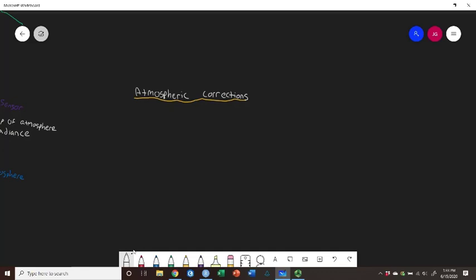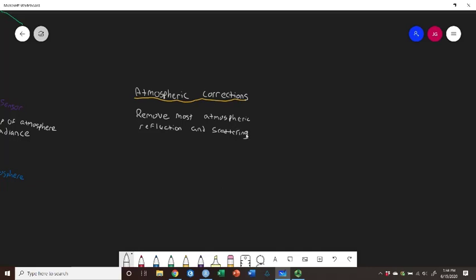But at the end of the day, and this is a part that I would expect you to understand, atmospheric corrections remove most atmospheric reflection and scattering.